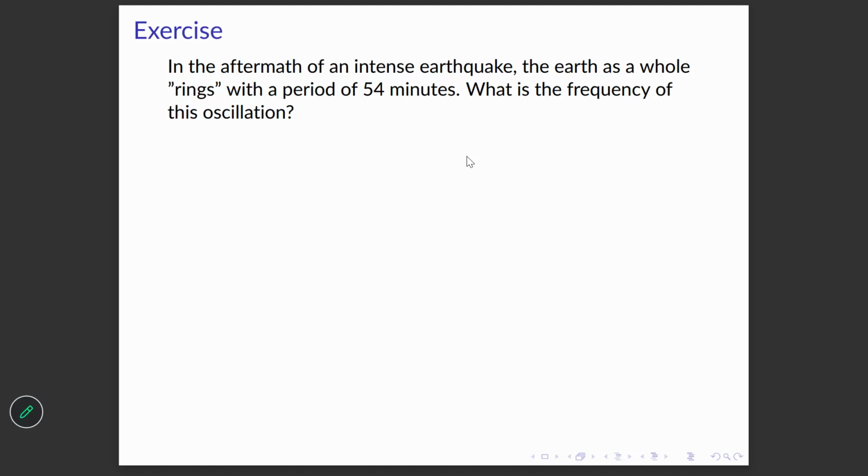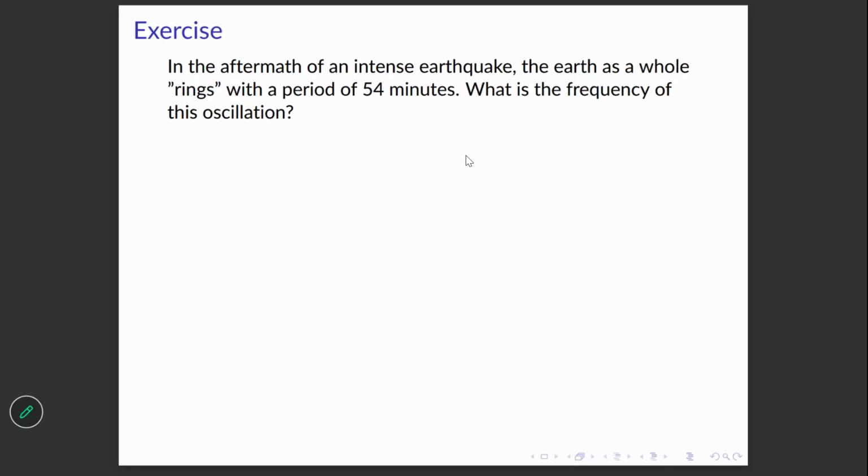Hey, pro tip here, by the way. What's a minute? Do we use minutes in physics? Step uno in problem solving, physics 111, 112, convert to SI units. I shouldn't say 54 minutes. What should I say? You shouldn't calculate with 54. What should you use? Seconds.